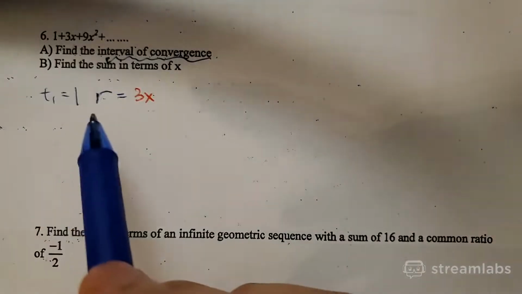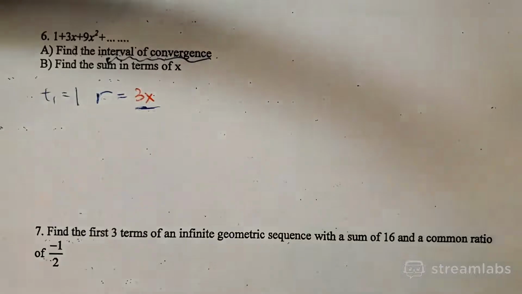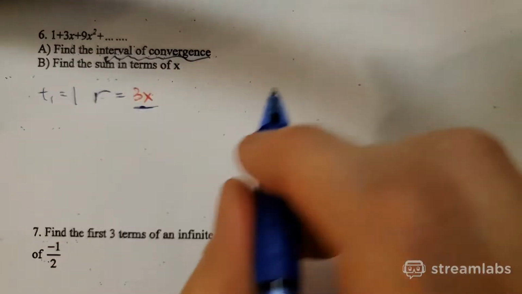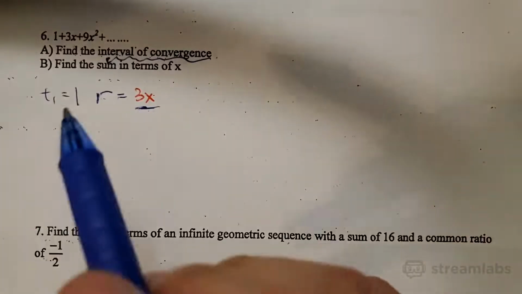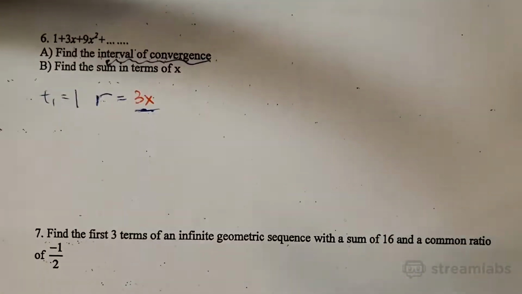Now, because there's a variable here, remember your formula only works if it converges, which means you're getting smaller each time when you apply the ratio. So what is the ratio? 3x.